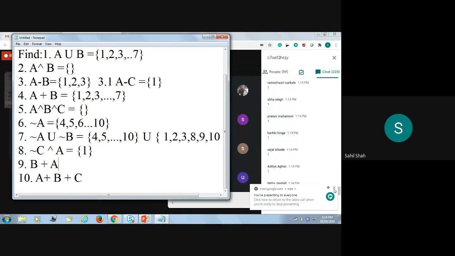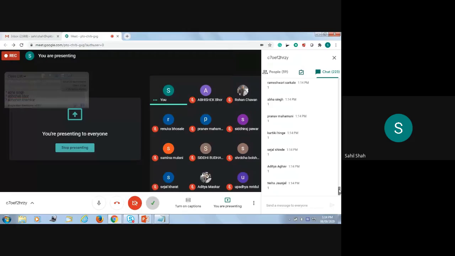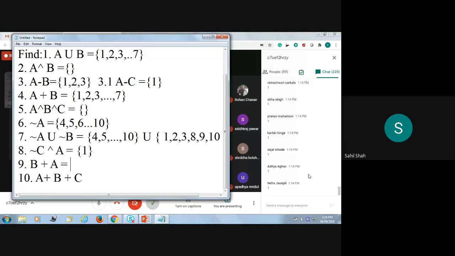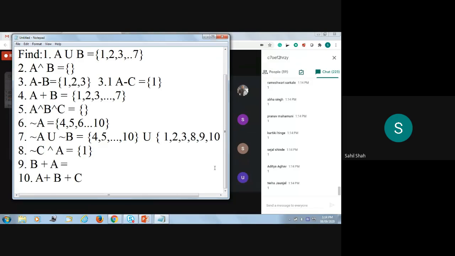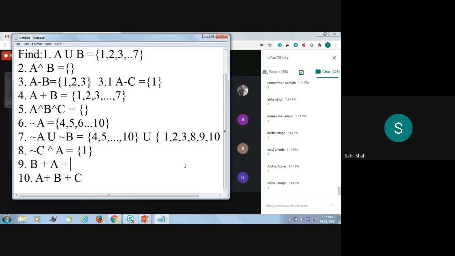Further to this, example number 9. What is symmetric difference of B on A? Yes, symmetric difference of B on A. Exclusively available in B, but at the same time they should not be available in A. Again, exclusively present in A, but not in B. I am asking for example number 9.